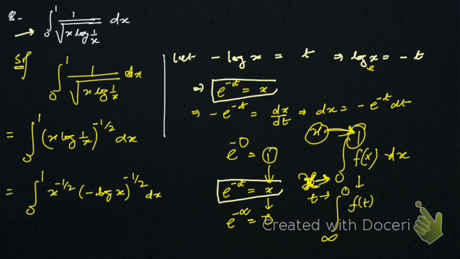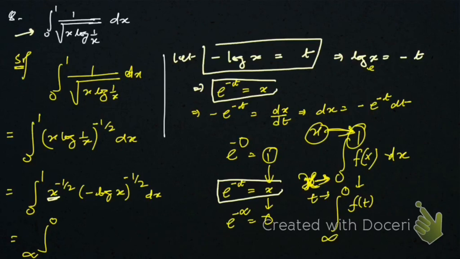So when you replace this function of x with a function of t, the interval will be changed from infinity to 0. And x is nothing but e to the power minus t.